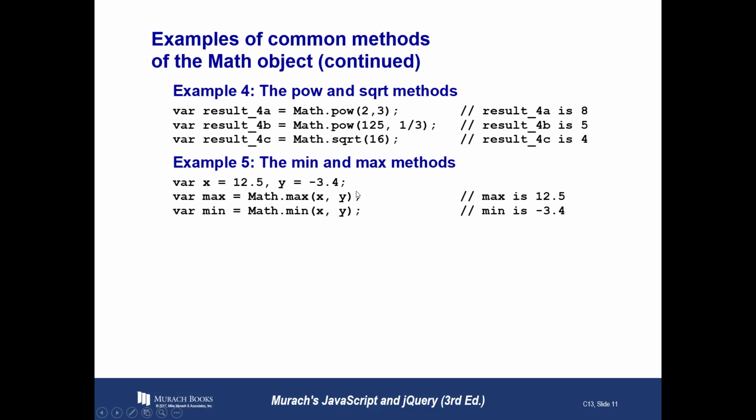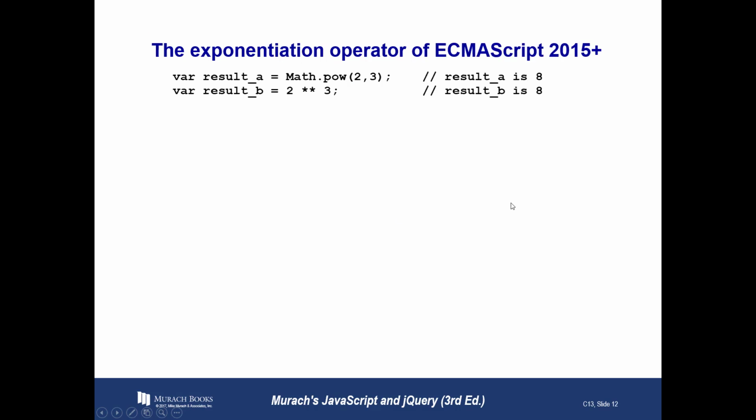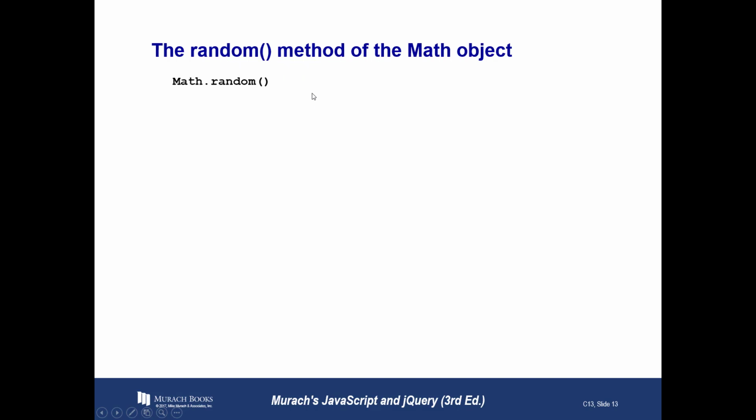SQRT for square root. Min and max are kind of neat. Notice the exponentiation operator. So you can now use 2 asterisks, and that's prevalent in other languages as well.